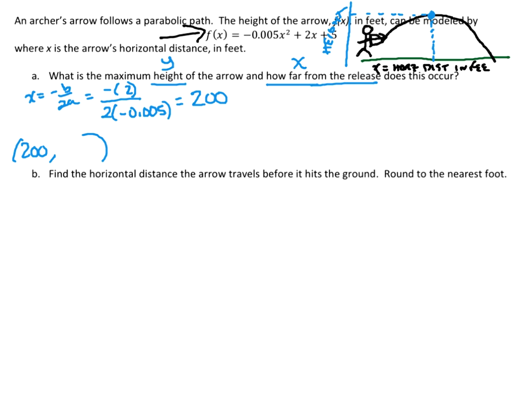And for my y value, I have to do f of 200. So that's negative 0.005 times 200 squared plus 2 times 200 plus 5. Let's see what we get. Okay, so negative 0.005 times 200 squared.